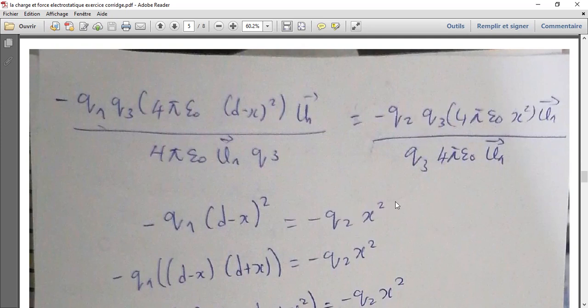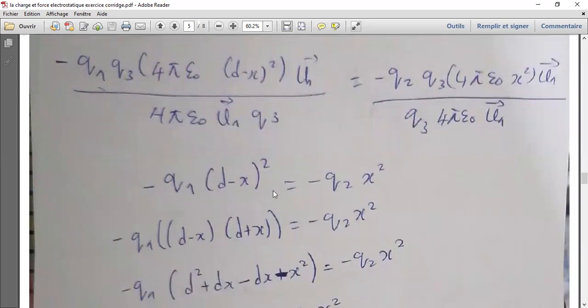So negative Q2 x squared, and negative Q1 open bracket d minus x close bracket squared.